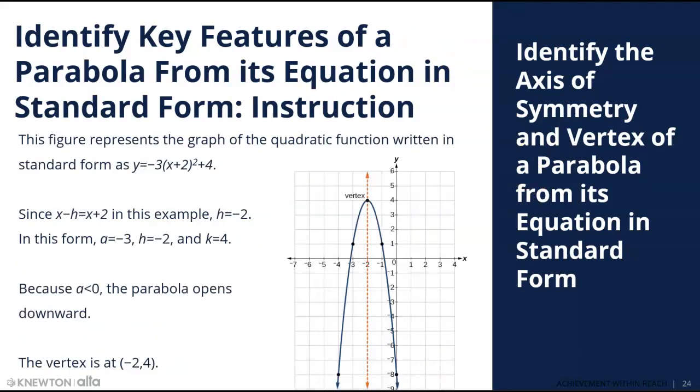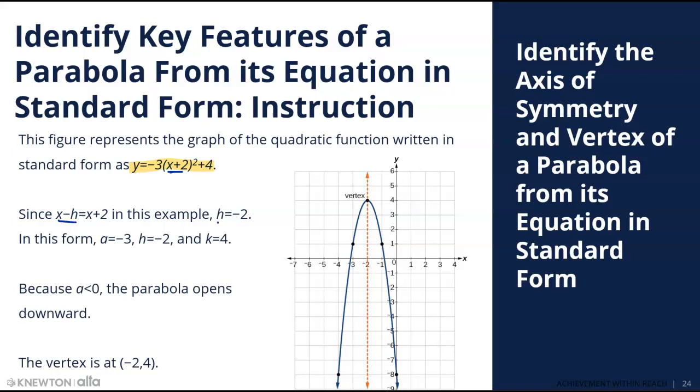Now let us consider this example. We are given a quadratic function in the standard form, and that is y equal to negative 3 times quantity x plus 2 squared plus 4. Looking at the equation here, we can equate this expression to x minus h, so we could solve for h.